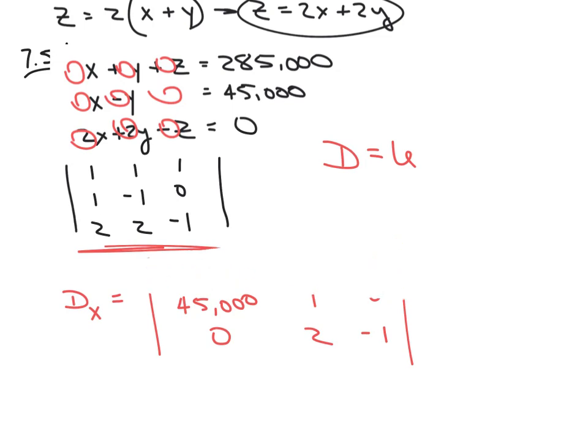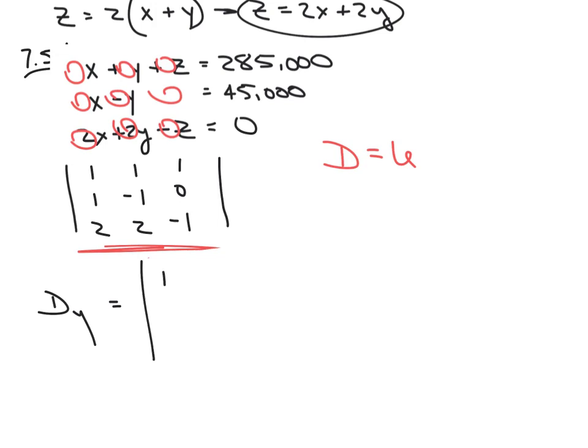Okay, then let's make my D of y, and that is going to be left alone. And in place of my y, I put these numbers, and then my z will stay the same.